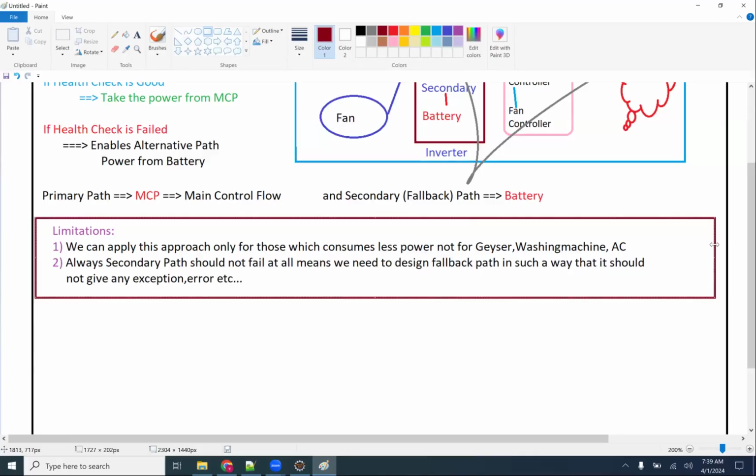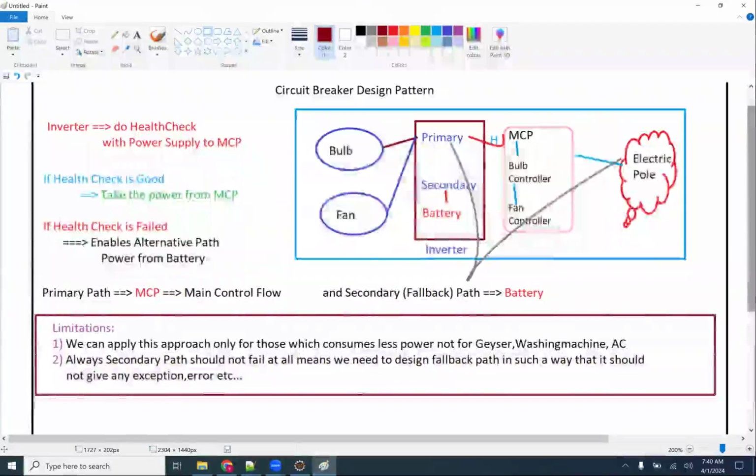Everything applies the same to microservices. Whatever I mentioned here, the same applies to microservices. There is not even a 0.001 difference. Where every microservice, I have a bulb microservice, fan microservice, switch microservice, AC microservice, geyser microservice, like that.